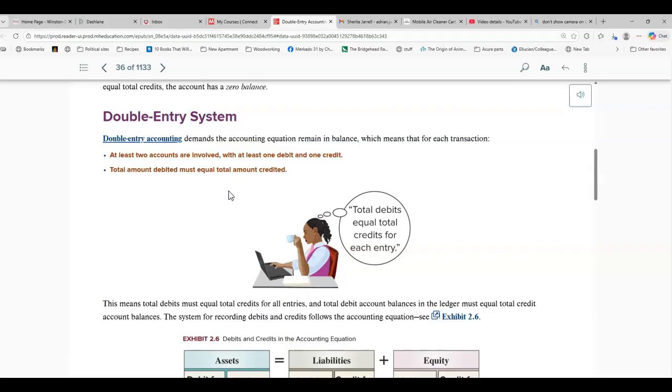In a lot of entries, it's going to be just 2 accounts, like cash and common stock. Or if I pay an expense, you would decrease cash with a credit, and you would put the debit in the expense account. So it would still be the left side and the right side would be equal.